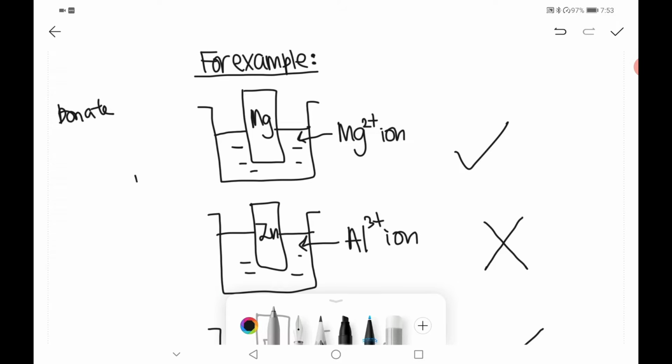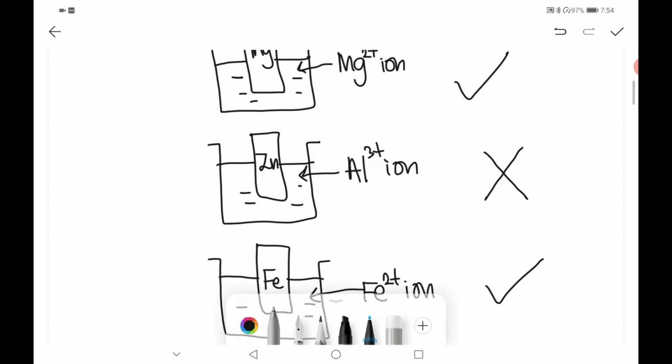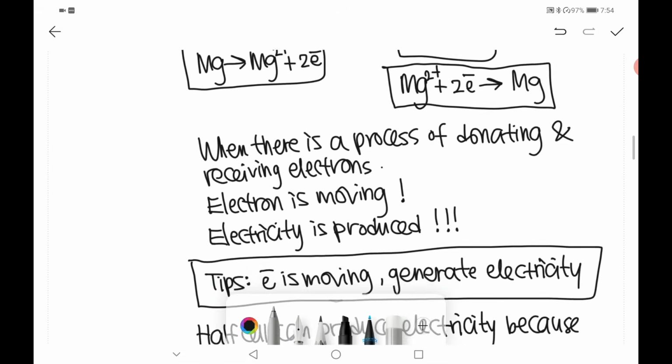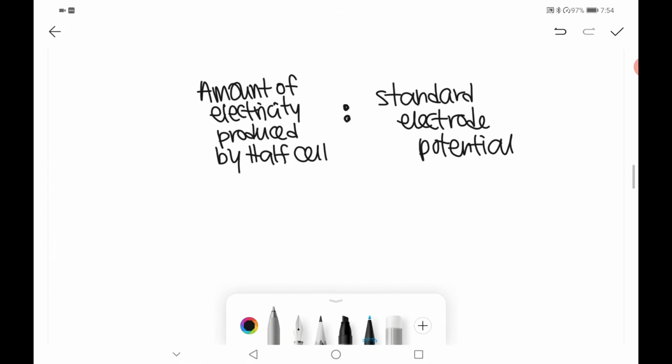When somebody donates electron and somebody receives electron, the electron is moving, and when electron is moving, it produces electricity. The electricity produced by the half cell is called standard electrode potential. Standard electrode potential is the amount of electricity produced in a half cell.